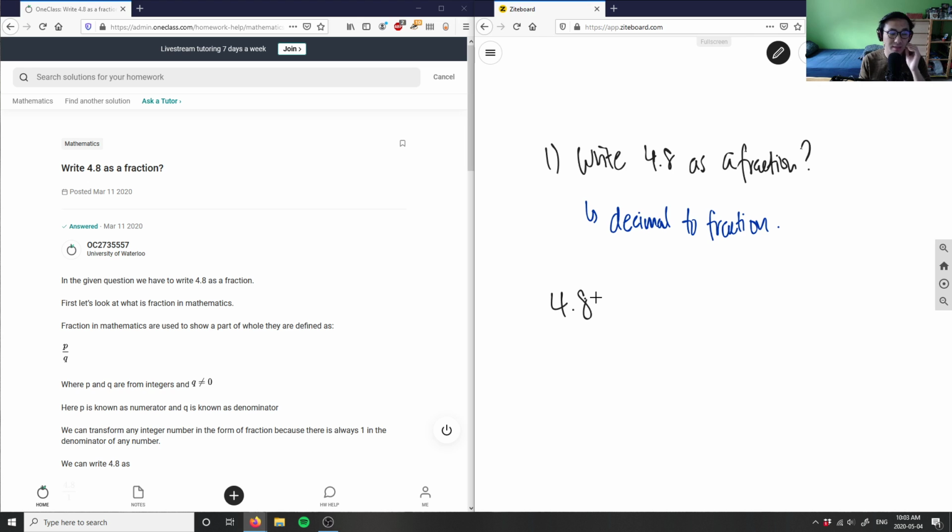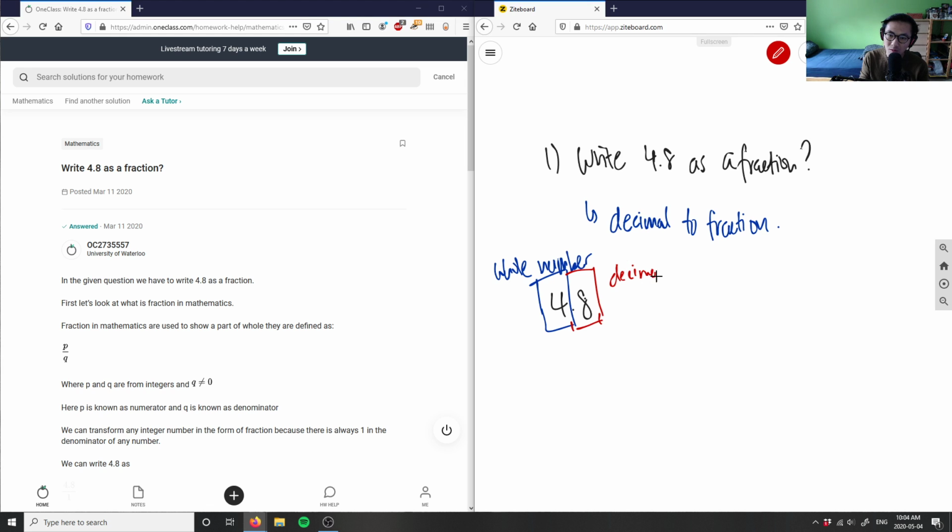How I would do that is, I have the whole part of the decimal. This left part here is the whole part, so I can say this will be a whole number. Anything after the decimal is the decimal part, or the fraction part.